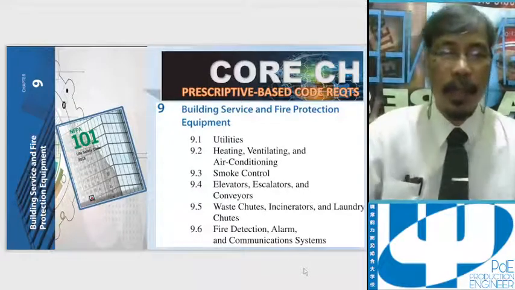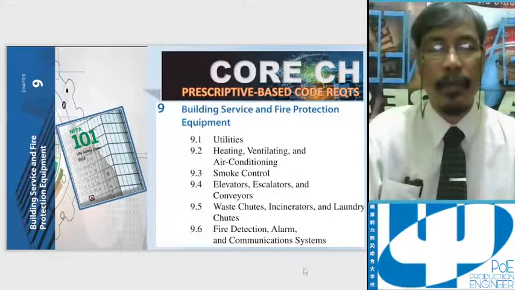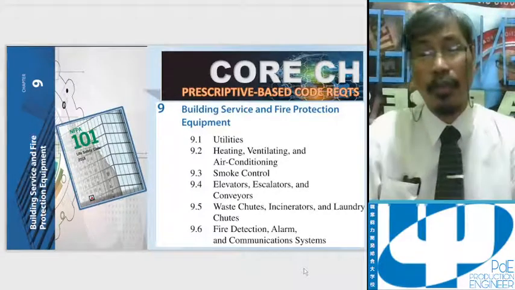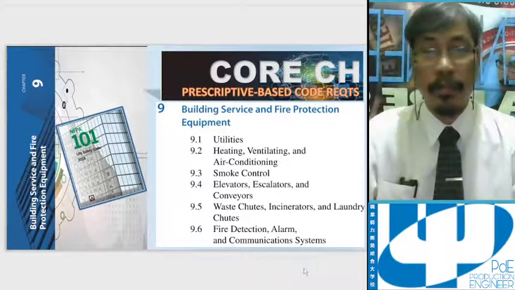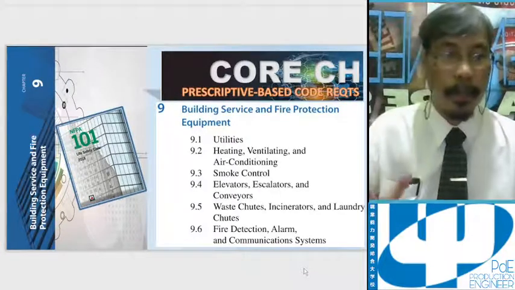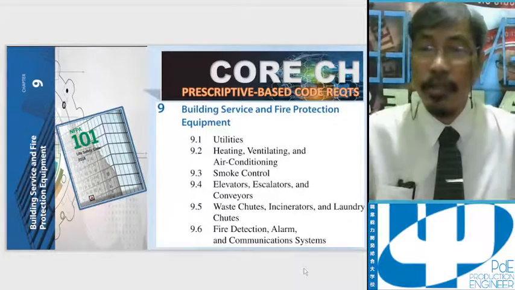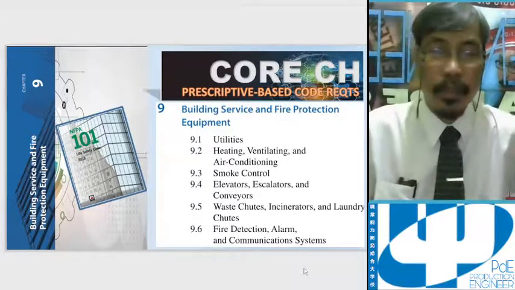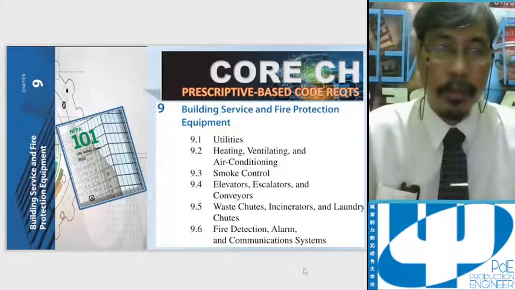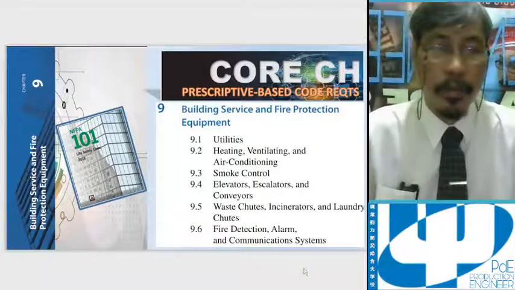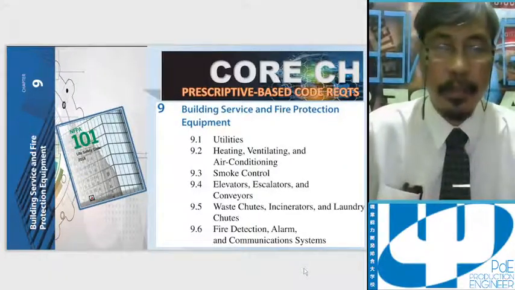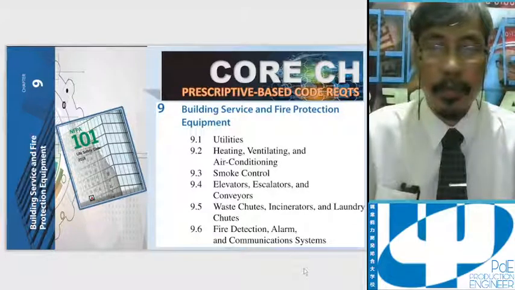What about chapter 9? Building service and fire protection equipment. So, building service, meaning those utilities. For example, heating, ventilating, and air conditioning. Those are building service. Plumbing, building service. Electrical, building service. Mechanical, building service.